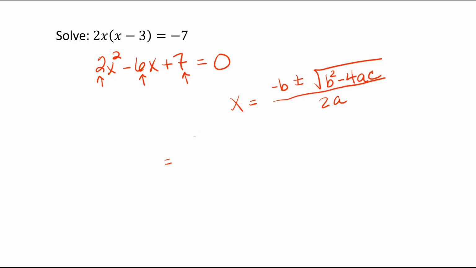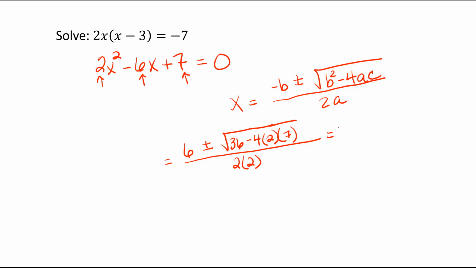So negative b is negative 6, so that's going to be positive 6, plus or minus the square root of b squared, negative 6 squared is 36, minus 4 times a is 2, c is 7, all over 2a, a is 2. So, I'm going to have 6 plus or minus the square root of 36 minus 56.